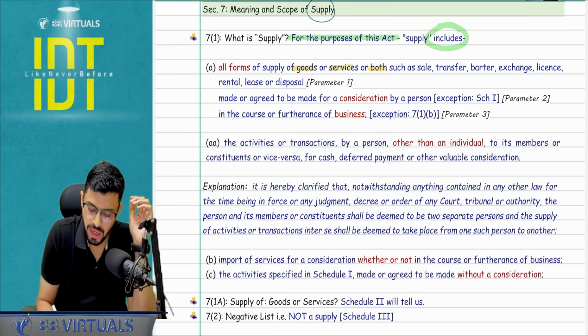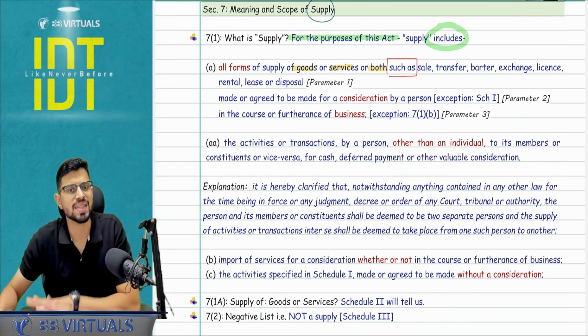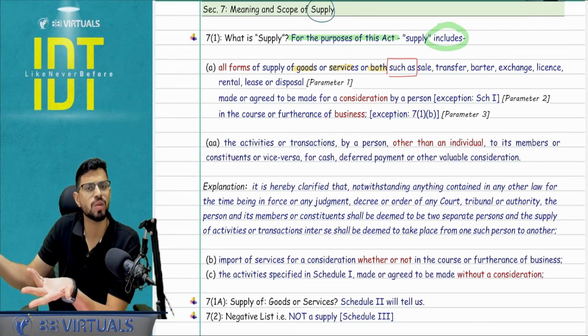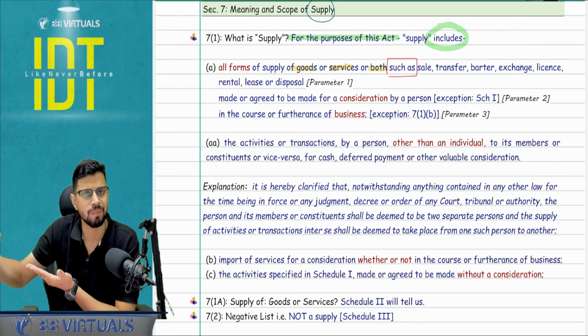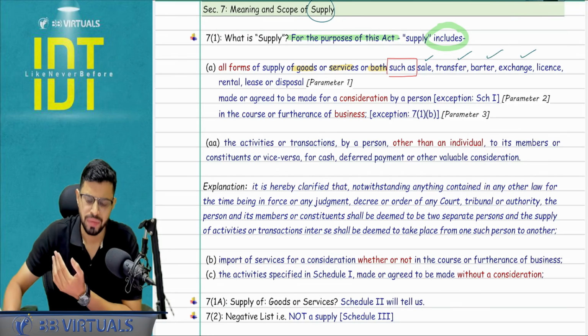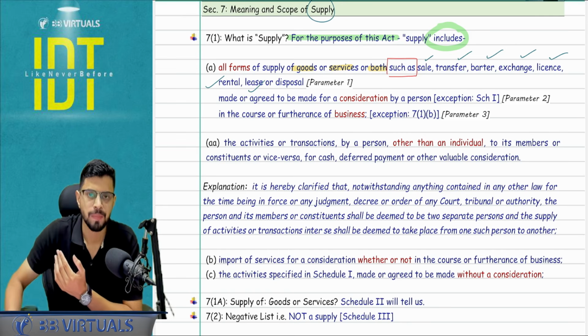Okay, but right now understand all forms of supply of goods, services, or both, such as, again, if you see the intention of the interpretation and intention of the government, it is just giving examples. Other forms of supply can also be covered tomorrow because the market is evolving. So what all supply forms can be there? Sale, mere transfer, barter, exchange, license, rental, lease, disposal.